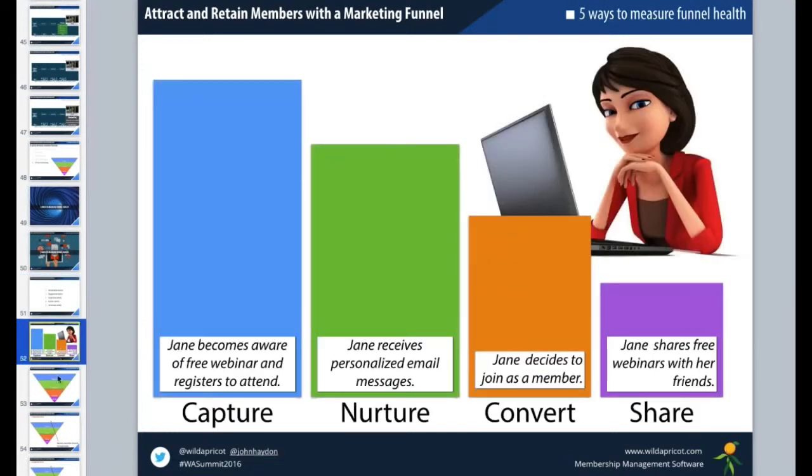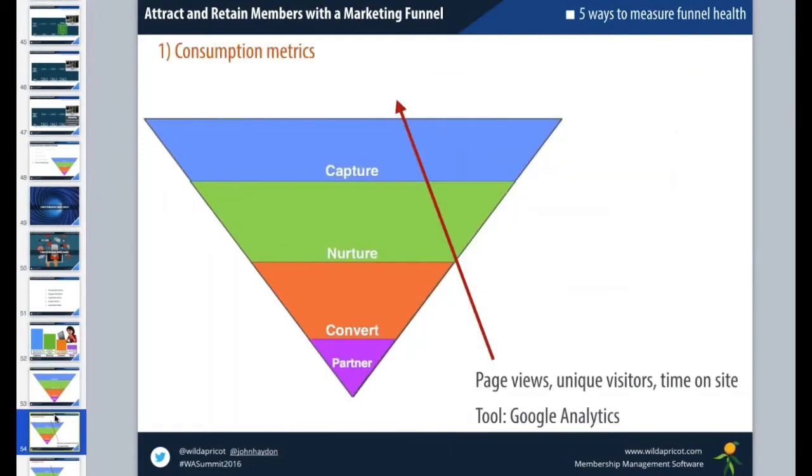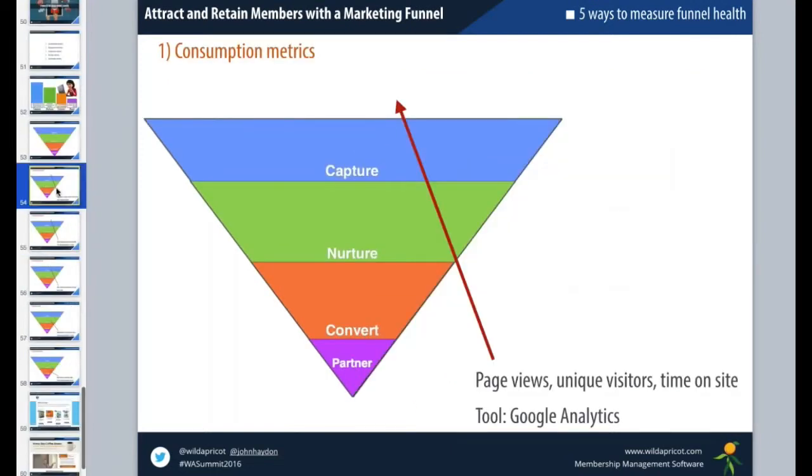I'm just going to go through each one of these very quickly in the interest of time. Consumption metrics are really about awareness: page views, unique visitors on Twitter, on Facebook, on your website, and the time they spend on your site. This is all Google Analytics, or most of it is.